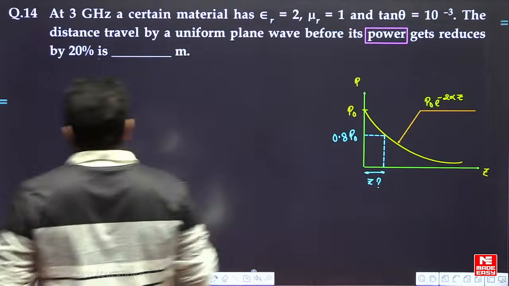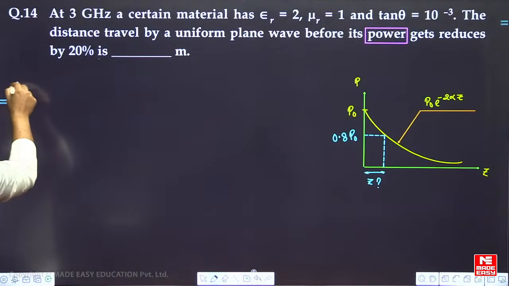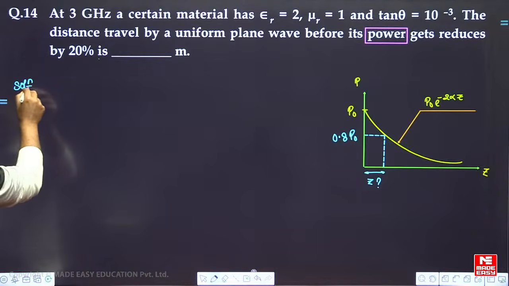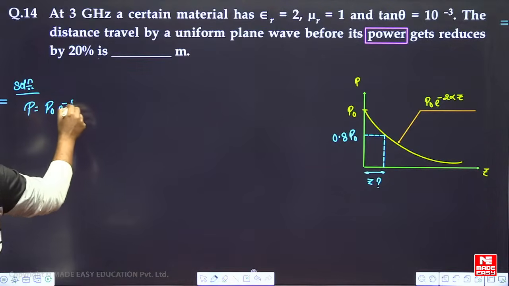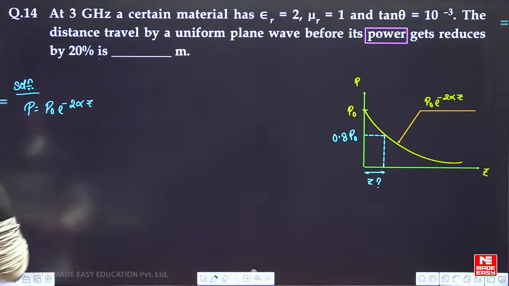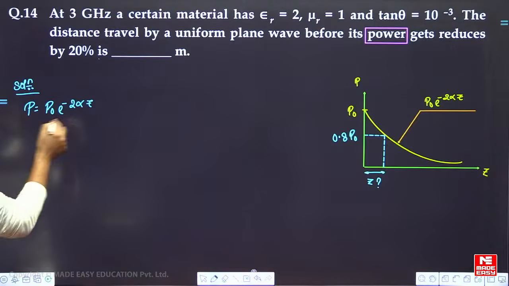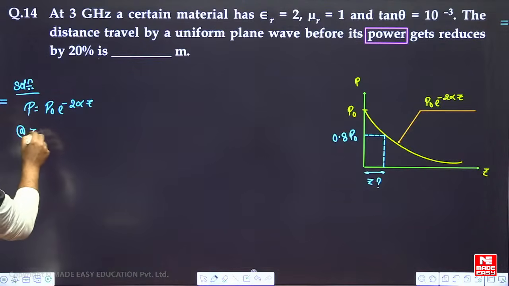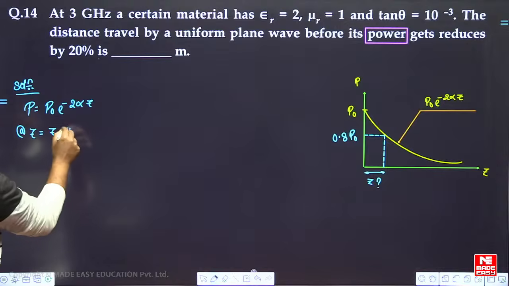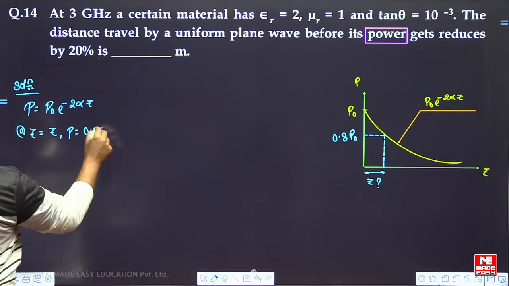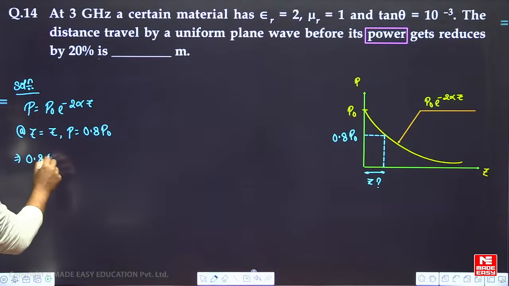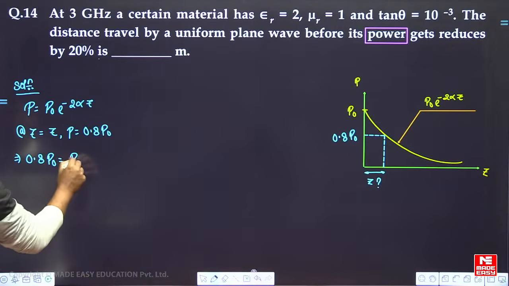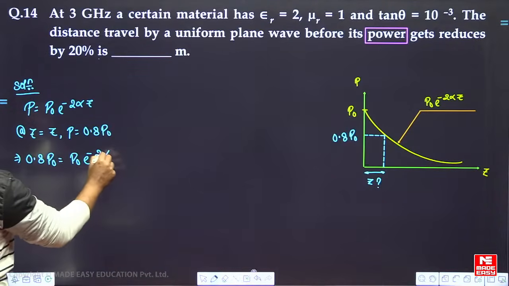Okay. Now the formula that we are going to use here, it is clearly written. For power, I am going to use the formula P naught e to the power minus 2 alpha z. So at z is equal to z, what should be the power? Power should be 0.8 times of P naught. So 0.8 times of P naught is equal to P naught e to the power minus 2 alpha z.